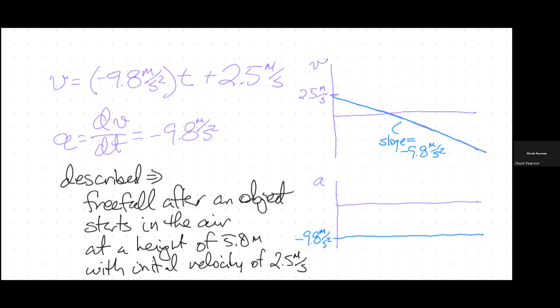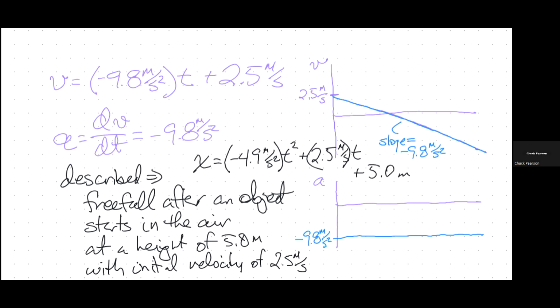And put it in terms of negative 4.9 meters per second squared, half the acceleration, as a coefficient of t squared, as it turns out, plus 2.5 meters per second times t plus 5.0 meters.